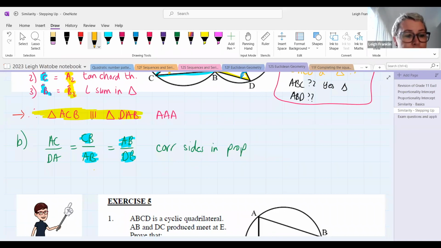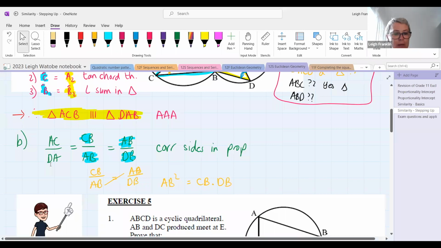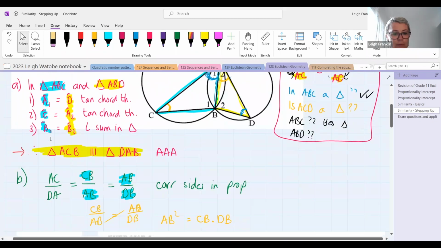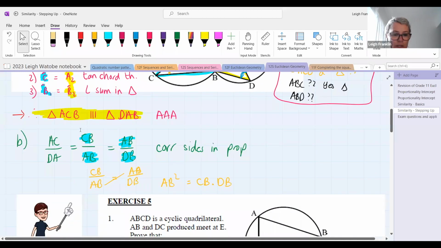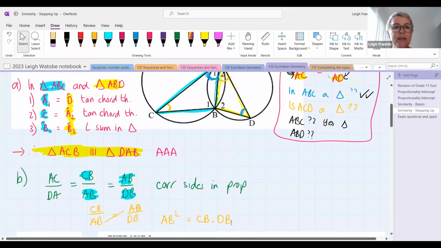So we've got CB over AB equal to AB over DB, and now I'm going to cross multiply. That's how I end up with AB squared, AB times AB, is equal to CB multiplied by DB. And then I've gone and answered the question. Okay, so take a screenshot of that.